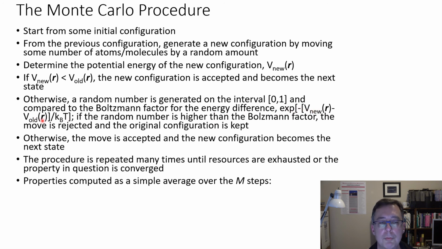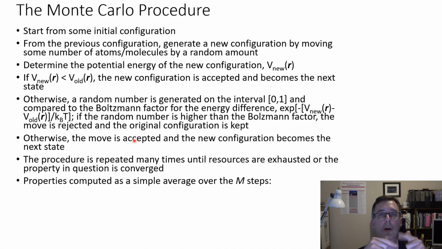And so that Boltzmann weighting tells you, for this energy difference, how likely is it that I could jump that high up in energy to achieve this. And if the random number is higher than that Boltzmann factor, then I reject the move and I just keep the original configuration, okay? Otherwise, the move is accepted and then that new configuration becomes the next step, next state.